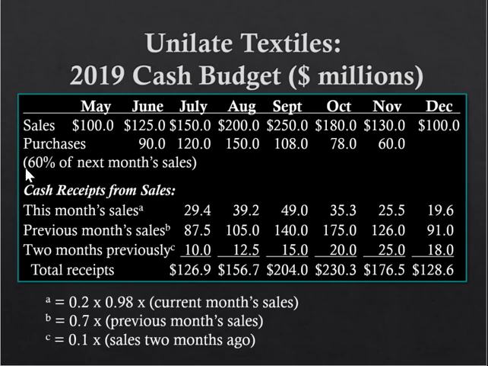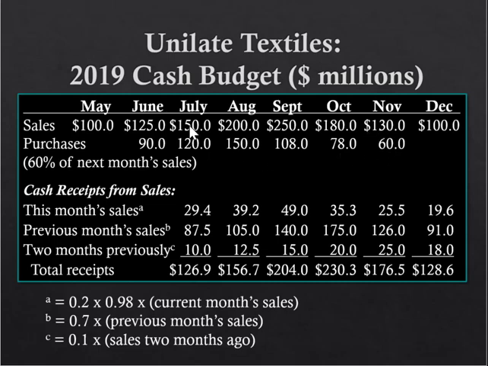So this is your variable cost. For instance, when you've got August of $200 million in sales, you need to do $120 million of inventory purchases in July. $150 million of sales in July, you need to do $90 million of inventory purchases in June in order to have them ready for July sales. So you can see everything is lagging, and 60% of the next month's sales is what the purchases amount is.